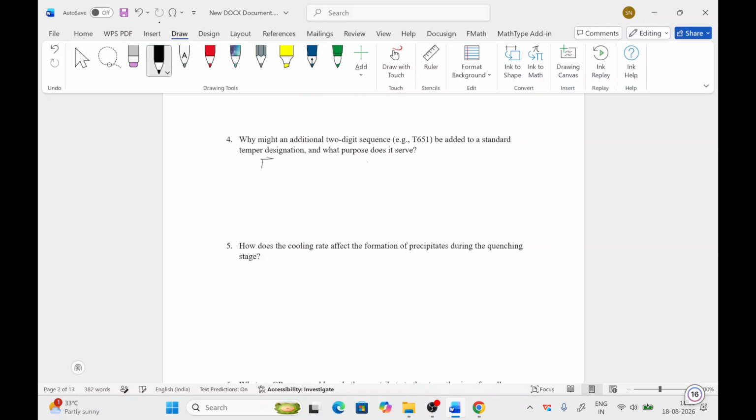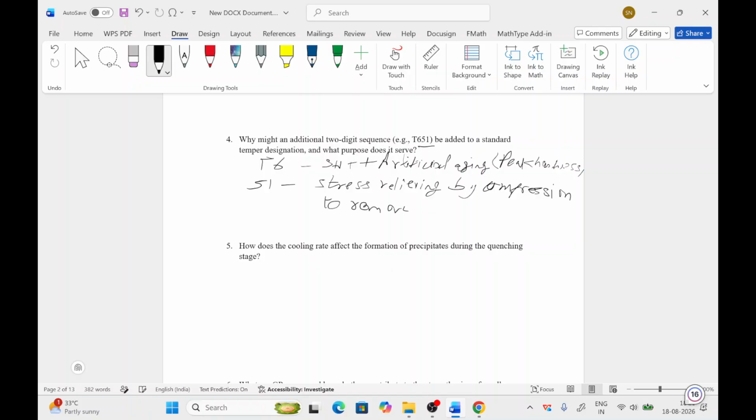So T6 temper is solution heat treatment plus artificial aging, with aging done up to peak hardness, and the further two digits 51 represent stress relieving by compression to remove tensile residual stresses.